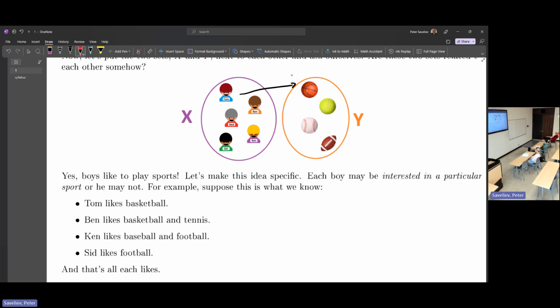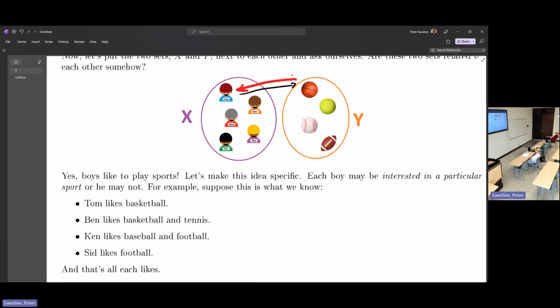Then the arrow would go backwards. So the relation between the boy and the ball, in this case Tom and basketball, is actually two-ended. We're not starting with the boys and going to the balls, or balls to the boys. It's the same thing.